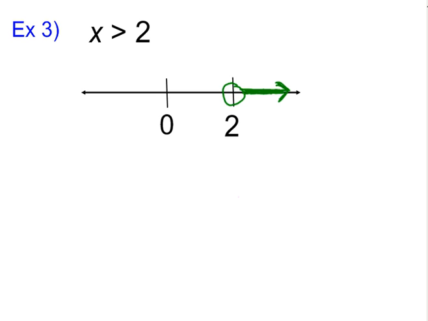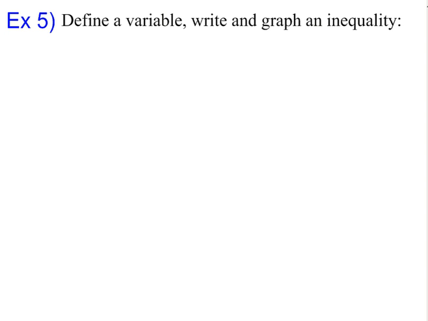And I think I have one more different kind of problem. Now, this one says our instructions: define a variable, write and graph an inequality. So let me give you the problem to write. Those are our directions. So let's write the problem down.